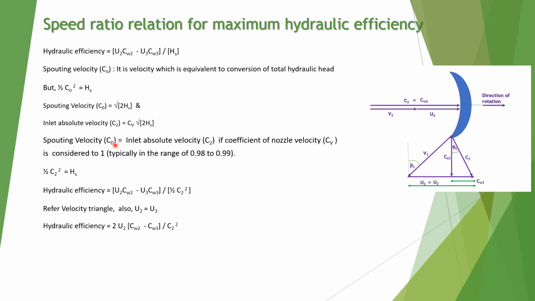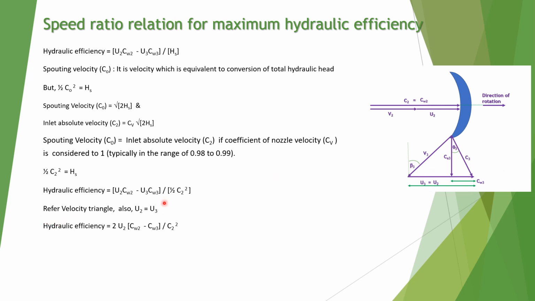So if CV is equal to 1, as a special case, we can say that half into C2 square is equal to HS, because C0 and C2 are the same. So we can write hydraulic efficiency is equal to (U2 into CW2 minus U3 into CW3) upon half into C2 square.